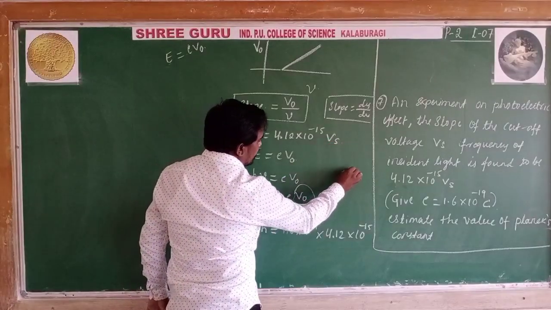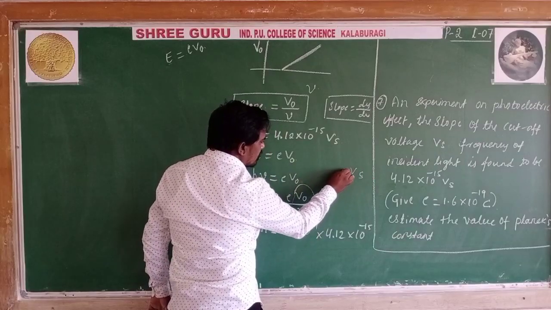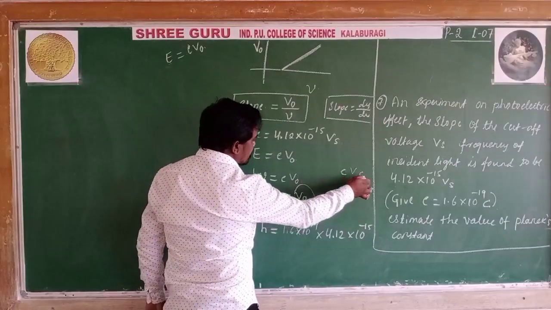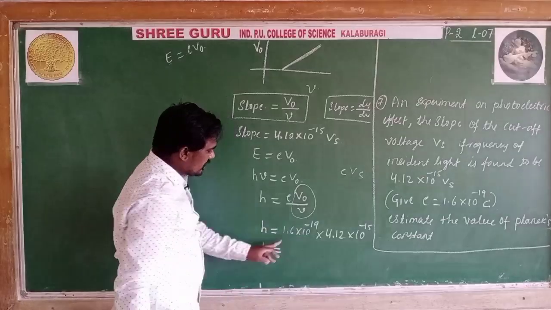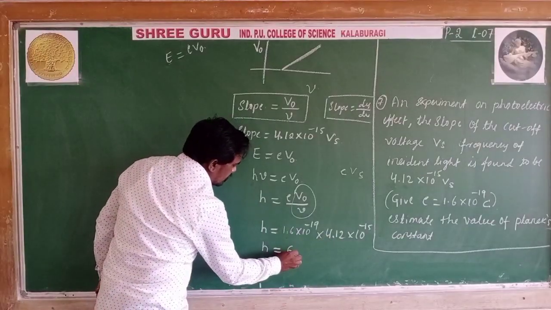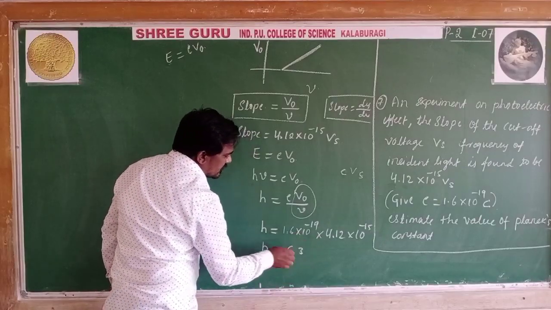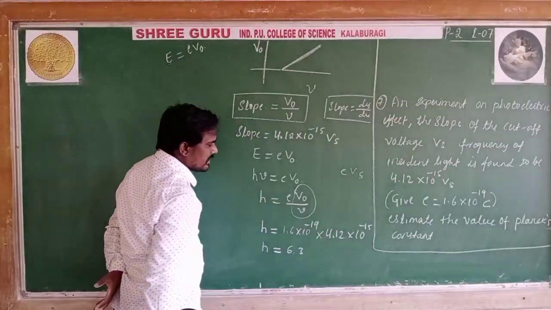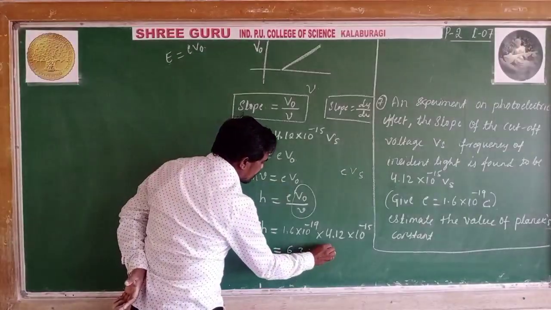Coulomb volt is nothing but a joule. Joule second is our unit. Now the ultimate answer is just multiply 1.6 into 4.12, that is approximately 6.3 something, and minus 19 minus 15 means 10 raised to minus 34.